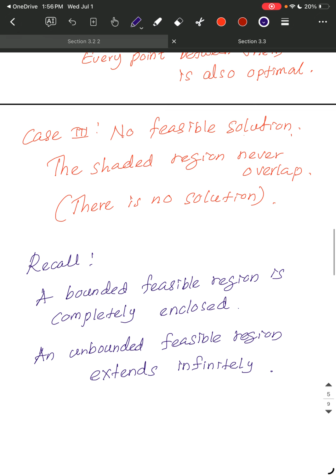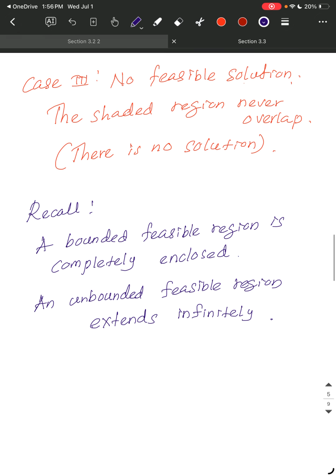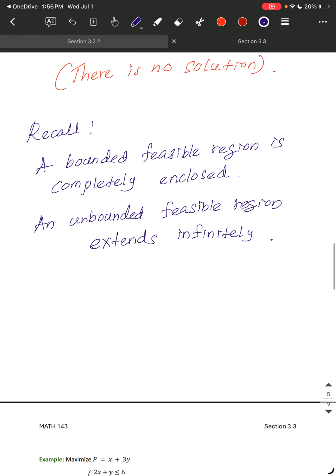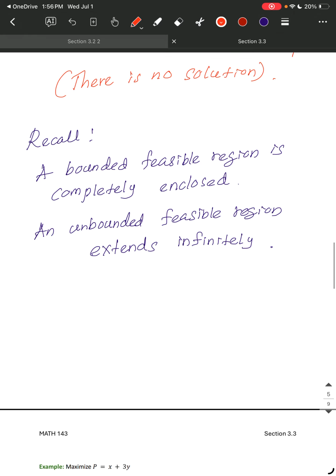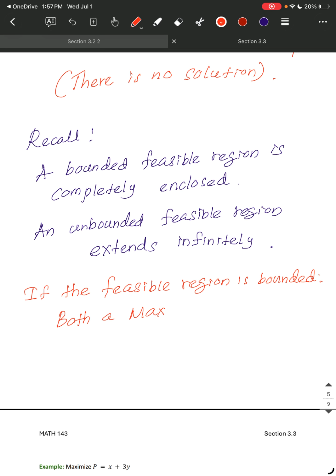So the important results: if the feasible region is bounded, both a maximum and minimum exist.